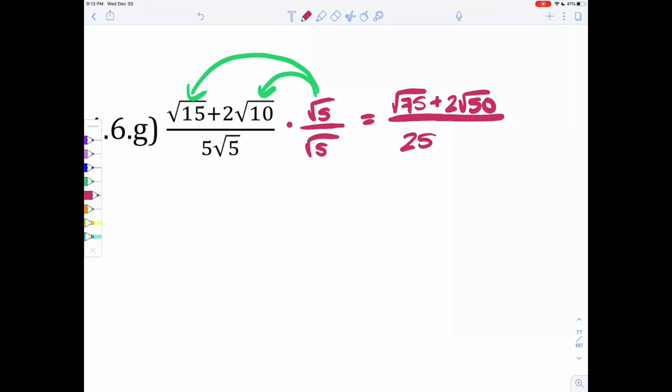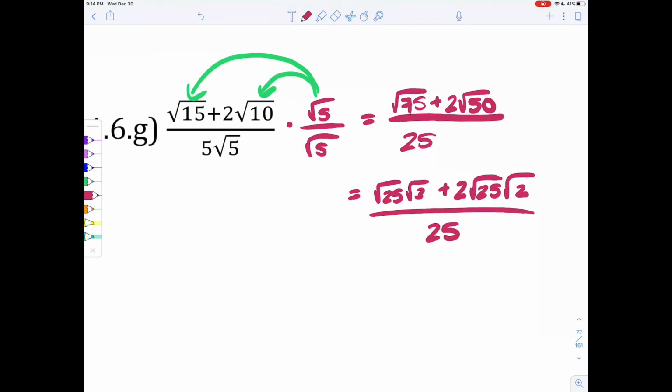Right, because again, whole numbers times whole numbers, radicals times radicals. Now, if I'm taking a look at these, I realize that my radicals are not fully simplified. Right, so 75 can be written as root 25 times root 3. And 50 could be written as root 25 times root 2. And of course, I still have my 25 at the bottom.